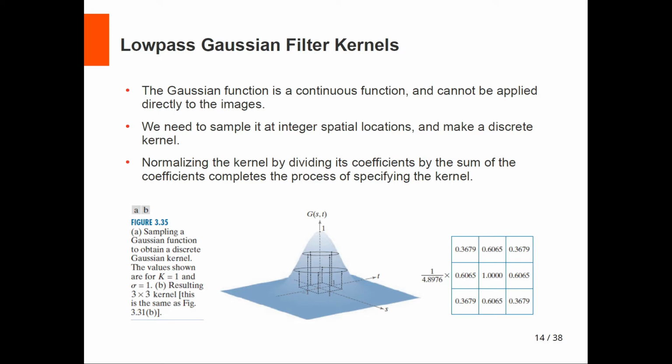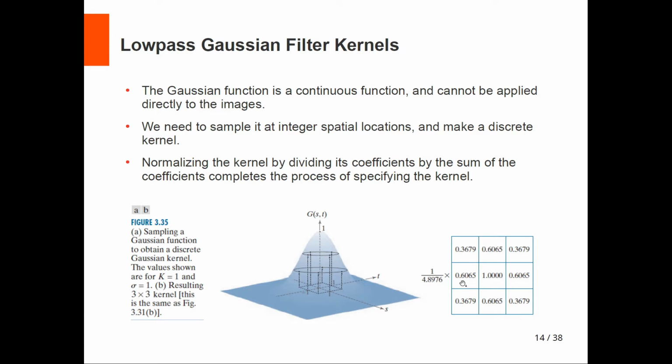So this is what is called sampling, because the Gaussian function is a continuous function and cannot be applied directly to the image. So because of that, we need to sample it at integer spatial locations and make a discrete kernel. And as before, since we don't want to introduce any bias to the final result, we normalize the kernel by dividing all the coefficients by the sum of the coefficients that are contained inside the kernel.